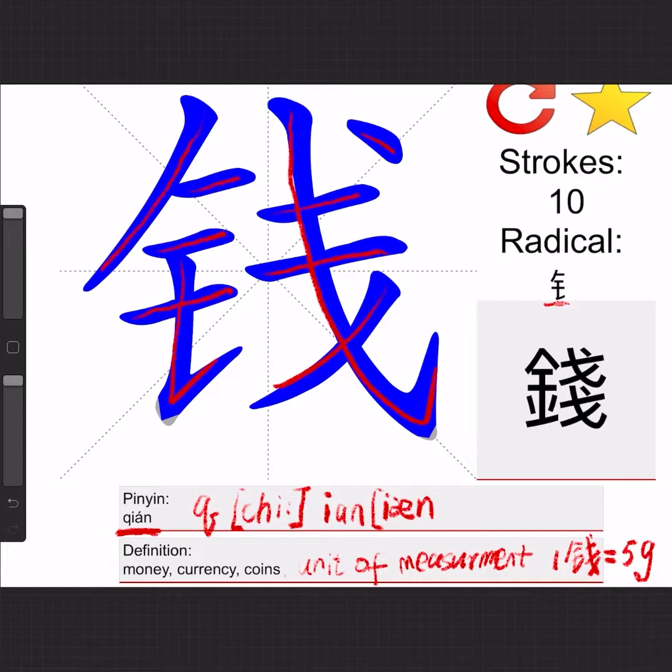As you can see, this character is separated into 2 parts. The left part, we call it the radical part.